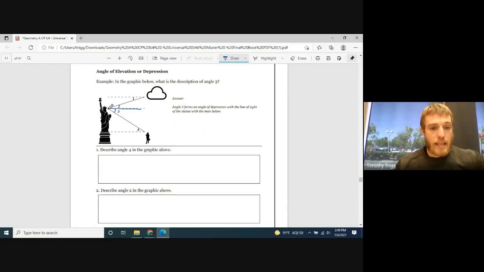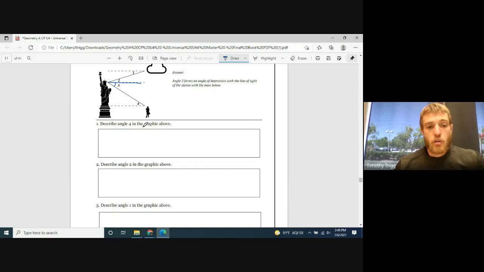Well, angle 3 is going down from the statue's line of sight. So the answer for the description is angle 3 forms an angle of depression with the line of sight of the statue with the man below. So the statue is looking at the man below. That forms an angle of depression from the statue's line of sight.